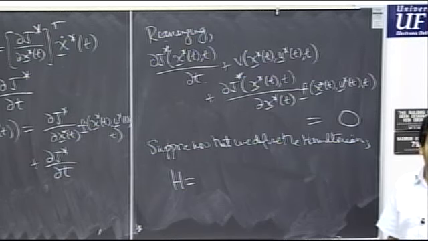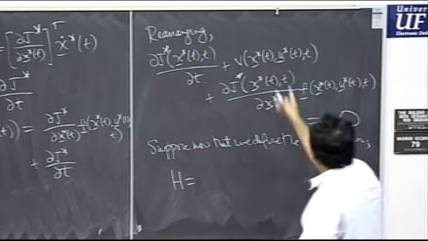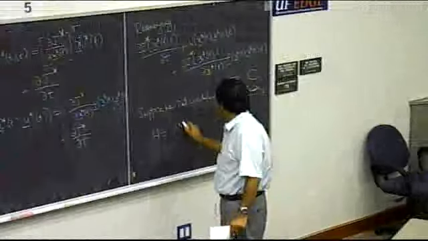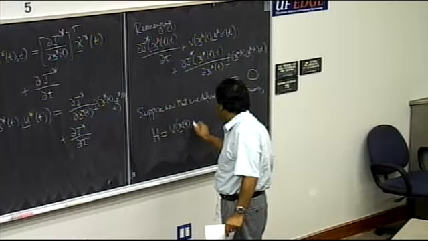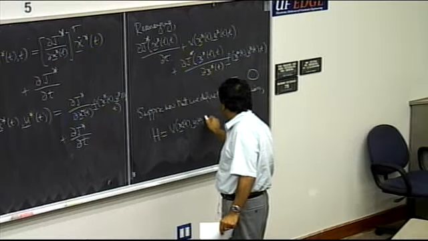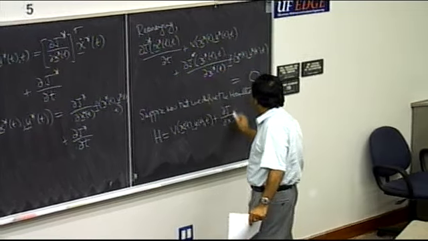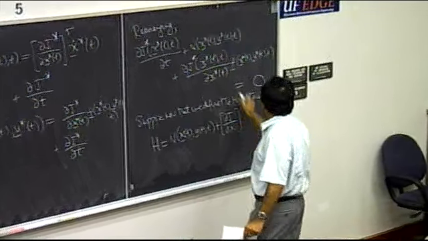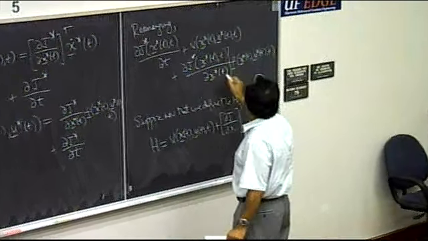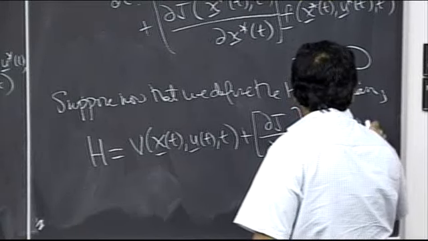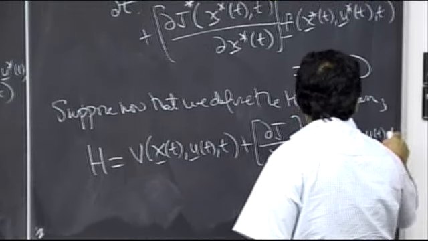It's the Lagrange cost plus lambda transpose times the right-hand side of the dynamic. So if you look at this, I've got almost the exact same thing. I've got V of x of t, u of t, and t, plus the partial of J with respect to x transpose times f, right? So x of t, u of t, and t.